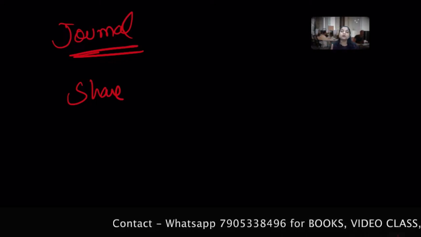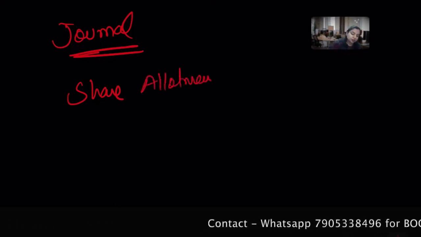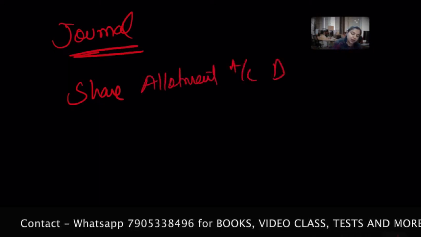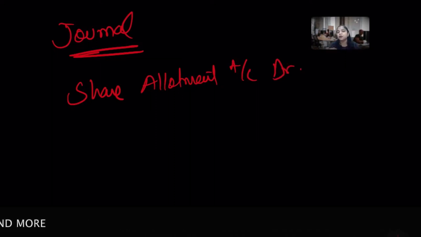I hope you watched the last session, because if you didn't, there will be many doubts in your mind. It's my humble request, watch the last session and then watch this one, because a few things I'm not going to recapitulate here. So, share allotment; I hope you can understand why we are passing this entry and why the share allotment account is debited.